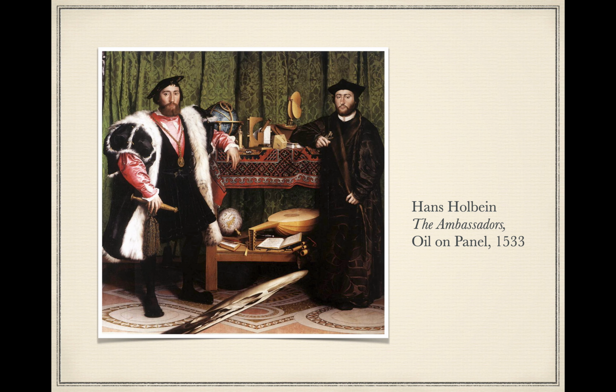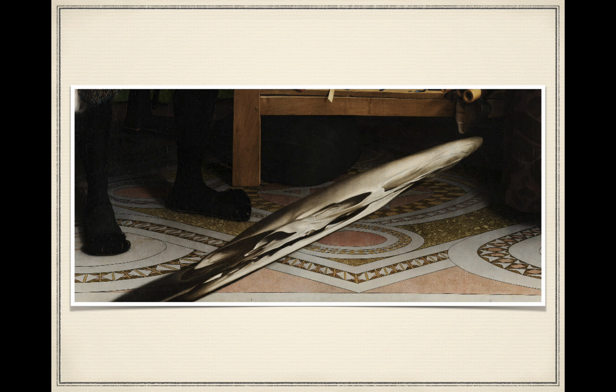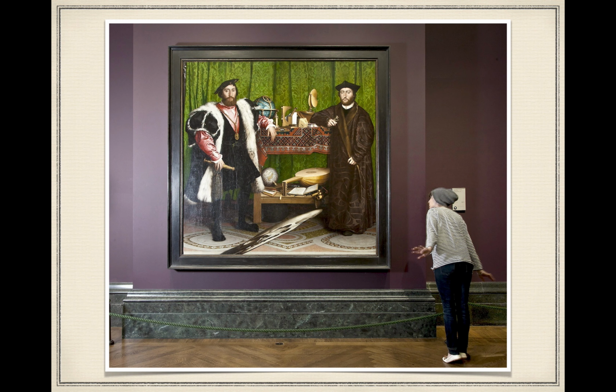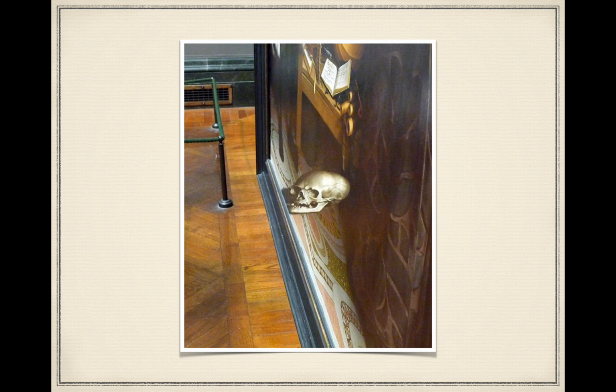You have to look at a particular angle in order to see what the image is supposed to be. So if you go into the not the British Museum, but the National Gallery in London, you can go up and you can lean over like this and you can actually see what it's supposed to look like. And that is what you would see from that angle. And as you can tell, it is a skull.